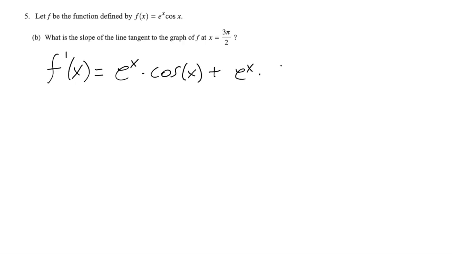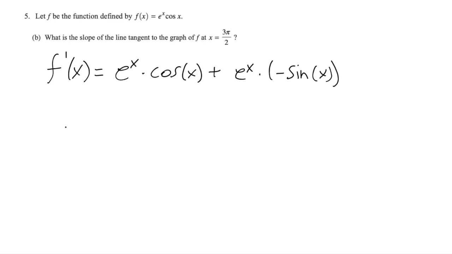And what is the derivative of the cosine? It's the negative sign, so times negative sine of x. We can simplify this by writing minus e to the power of x times sine of x.